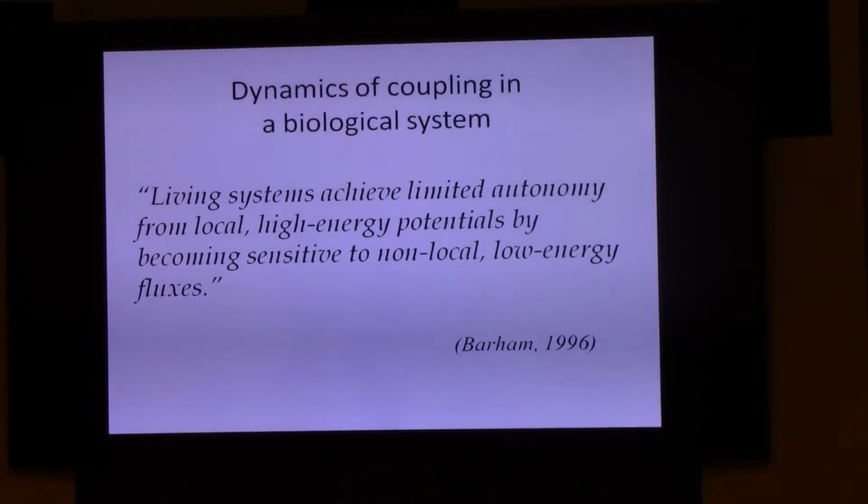Autonomy means I can survive if I'm not immediately in the presence of glucose. That's a kind of autonomy, and it's limited because I can't survive indefinitely. But I have some kind of reserve within my cellular compartment, of energy that allows me to live and behave even when I'm not in contact with a local source of glucose.